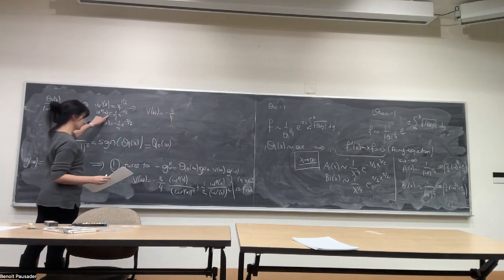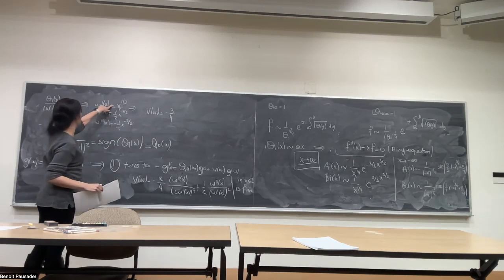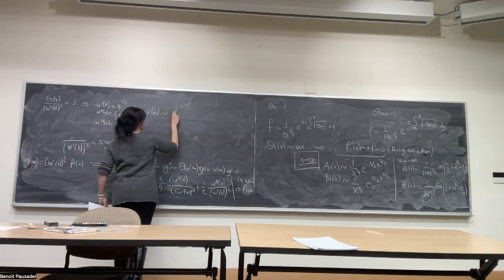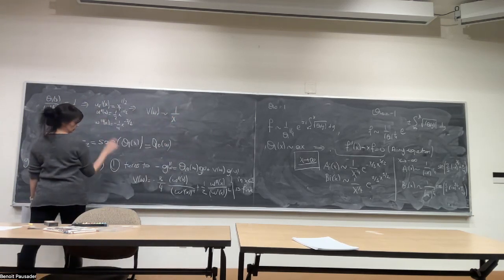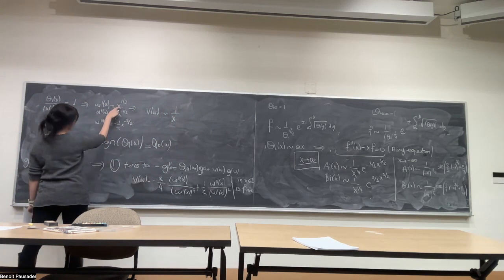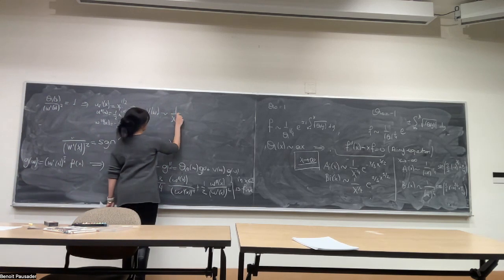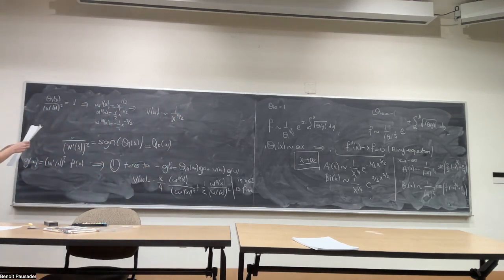So if I consider W prime divided by 4 times this one, it's going to look like almost 1 over x to the 5 over 2. Is it? Yes.